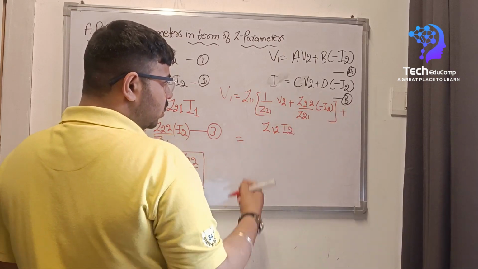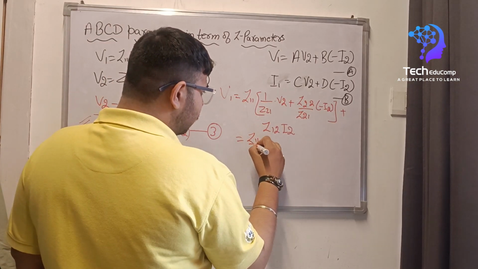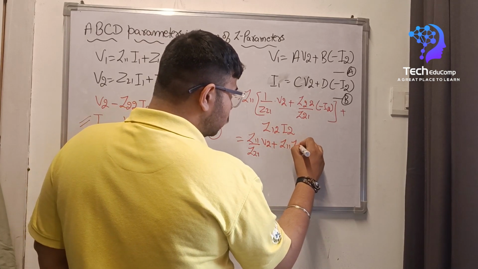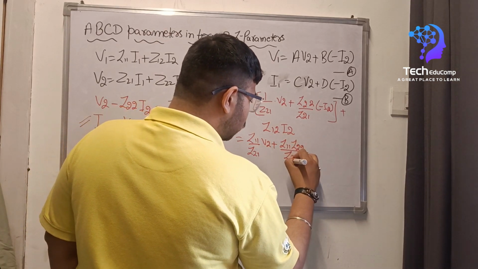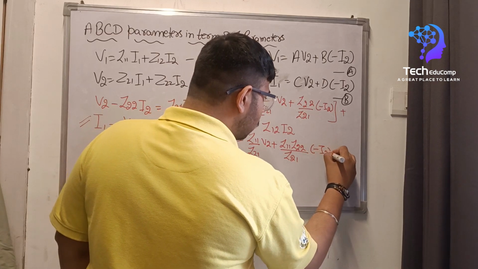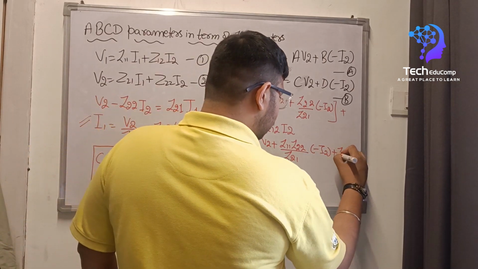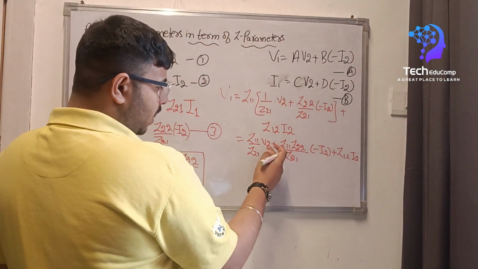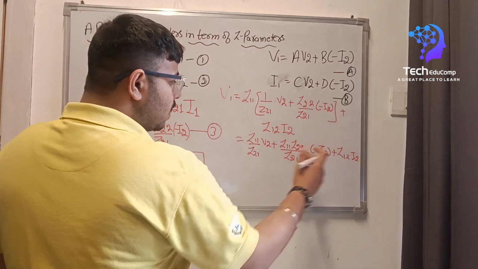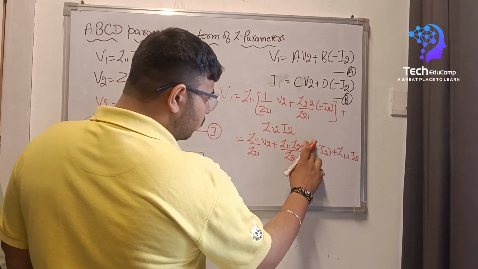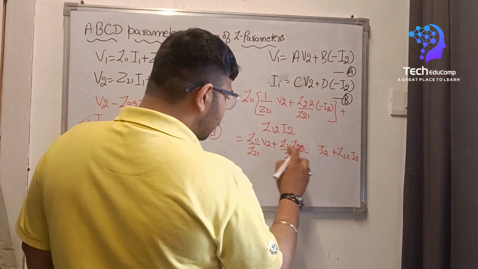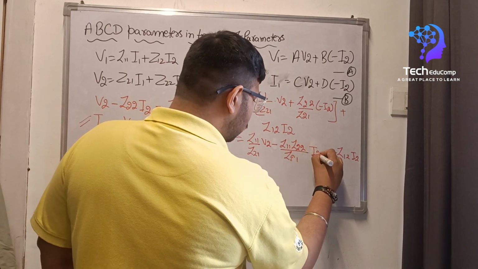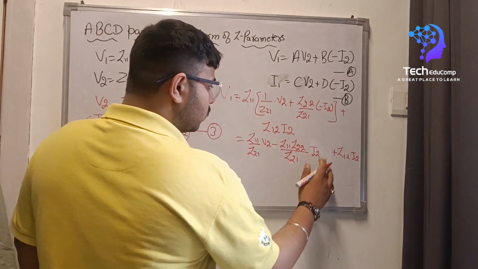Now let's simplify. Opening the first term, it will be Z11 upon Z21 into V2, plus Z11 into Z22 upon Z21 into minus of I2, plus Z12 into I2. Now I should take this minus outside to simplify more, so it will be minus I2.